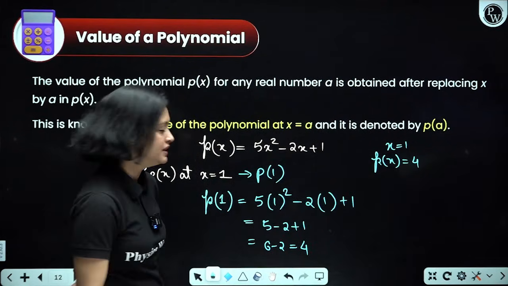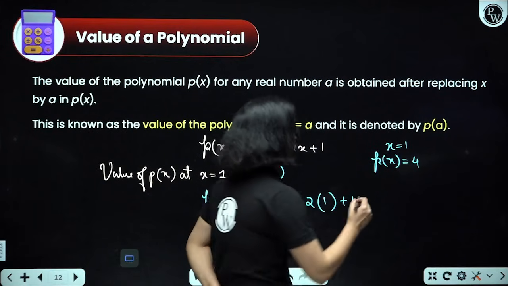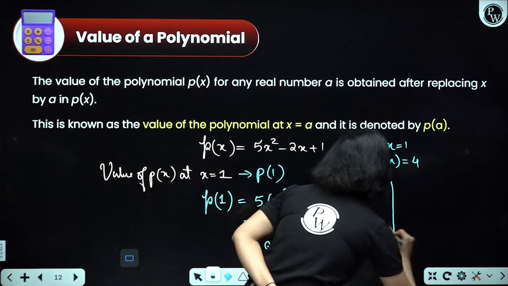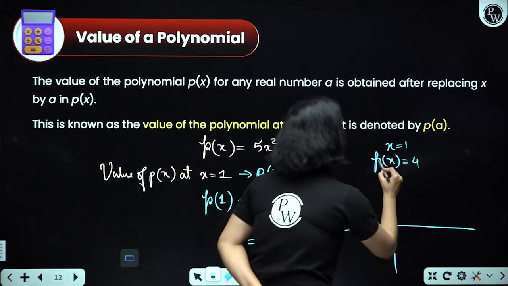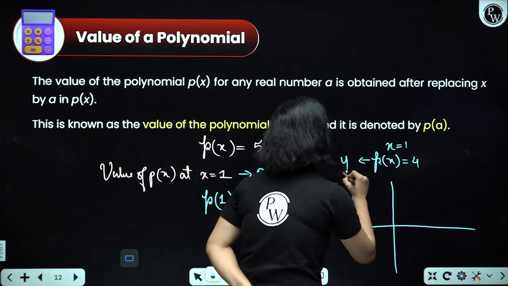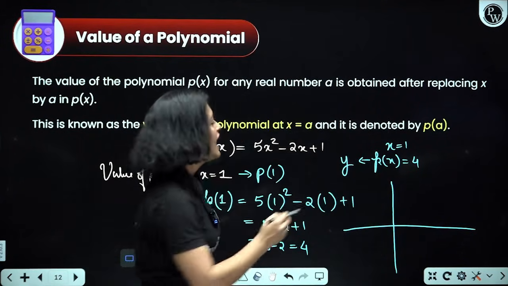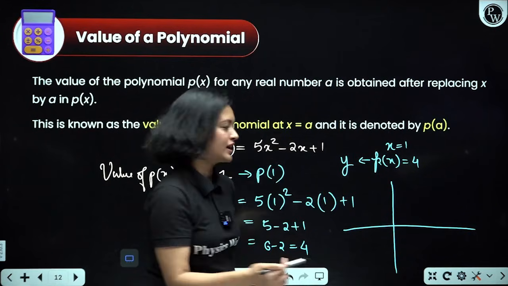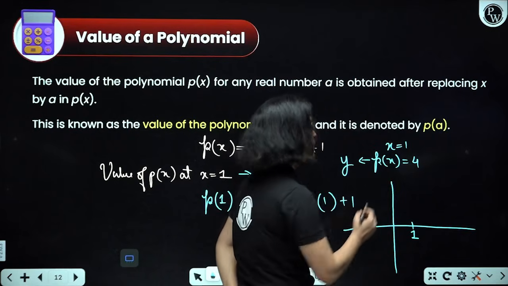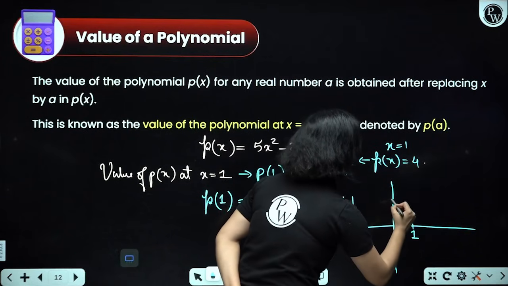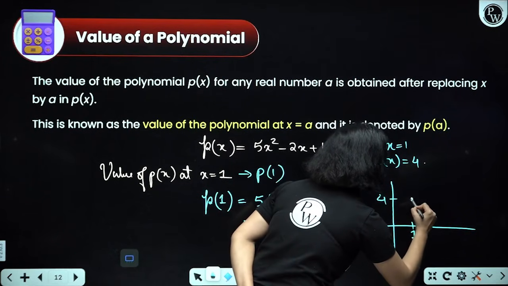Do you know what that means? Geometrically, let's understand. So for example, I have a polynomial's graph, right? So basically p(x) is denoted by the y coordinates. Okay? And x obviously is denoted by the x coordinate. So whenever x is 1, the y coordinate would be 4.